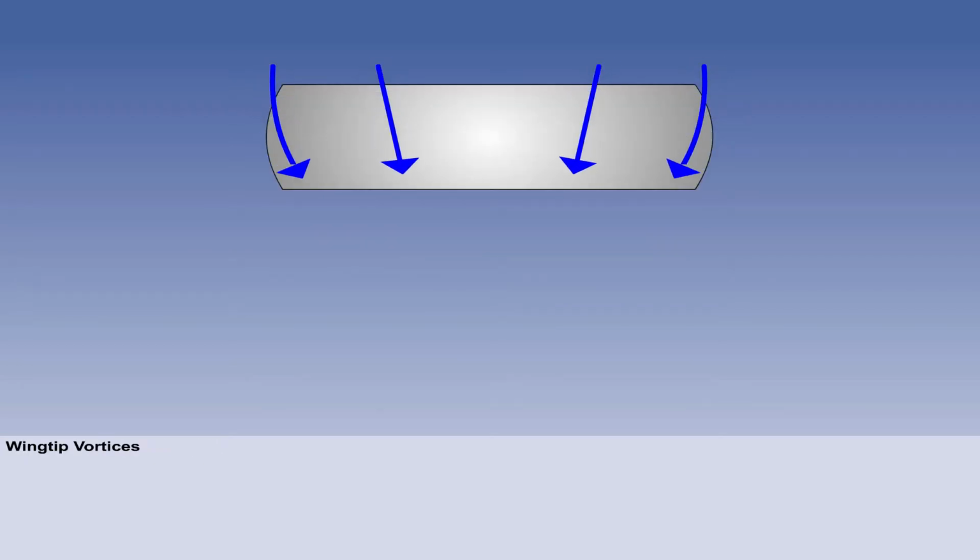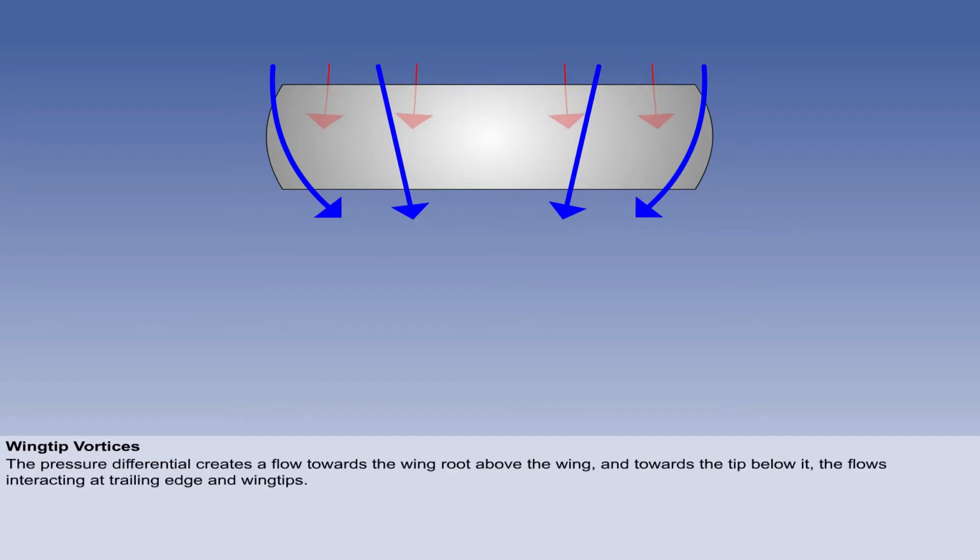The airflow over the top surface of a wing is at a lower pressure than that below the wing. The two flows are modified by this pressure differential, which creates a spanwise element towards the root on the top surface and towards the tips on the lower surfaces. And these flows interact at the trailing edge and wingtips.